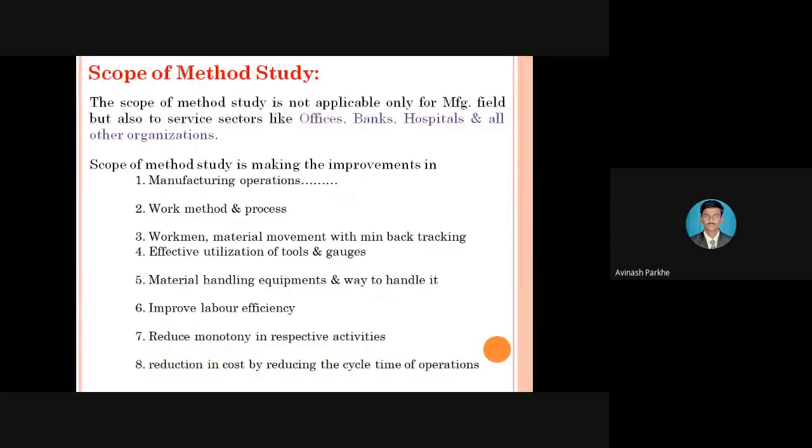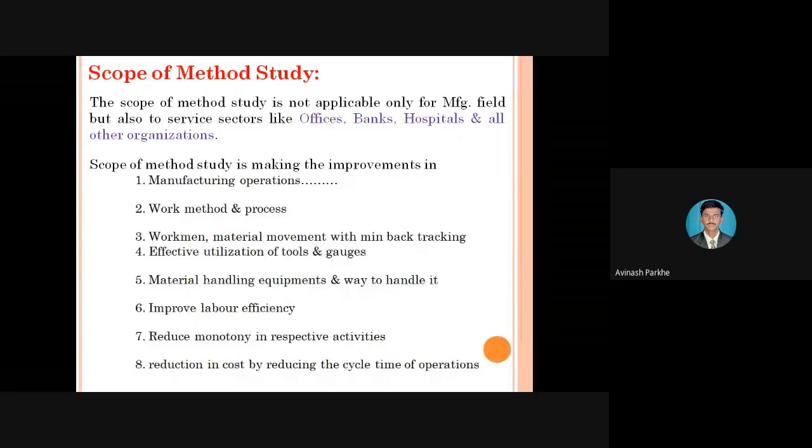Whatever industries there are, maybe mechanical industries, in which we generate different types of products, use different operations, machines, and workers, and some advanced technologies, that is the manufacturing sector. But this concept of method study is not applicable only to the manufacturing field; it is also useful for other service sectors.